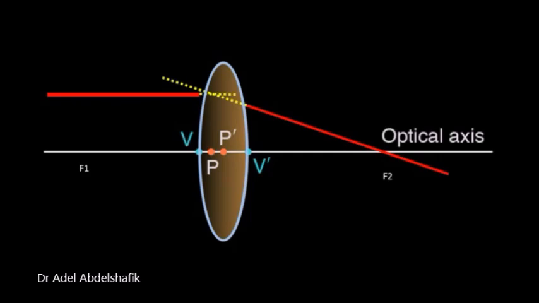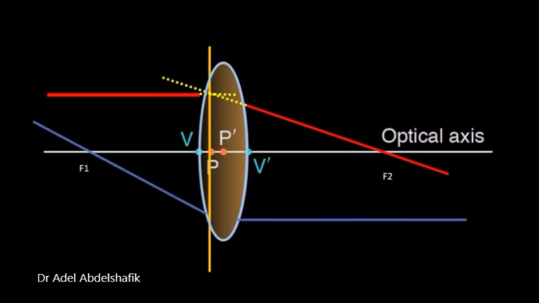If we extend the incident ray forward and the emergent ray backwards, they will meet at the anterior principal plane. Again, if parallel ray hits the posterior surface, it will come out to pass through F1. If we extend these rays, they will meet at the posterior principal plane.